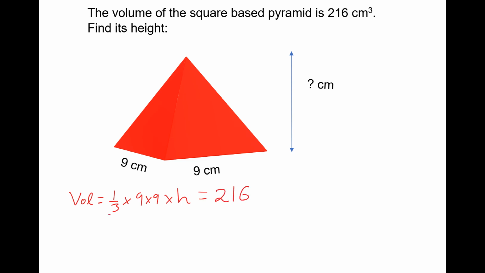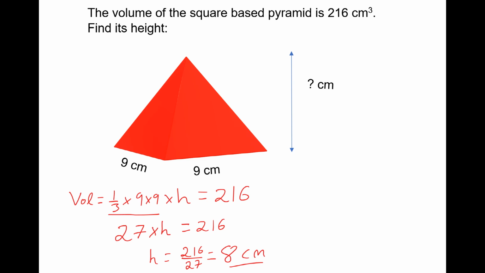I'm going to calculate 1/3 times 9 times 9 first. 9 times 9 is 81, and if I then divide that by 3, I get 27. So I can say 27 times h equals 216. To get h on its own, I could divide both sides by 27. So h is going to be 216 over 27, which is 8 centimeters. So we can say the height is 8 centimeters.